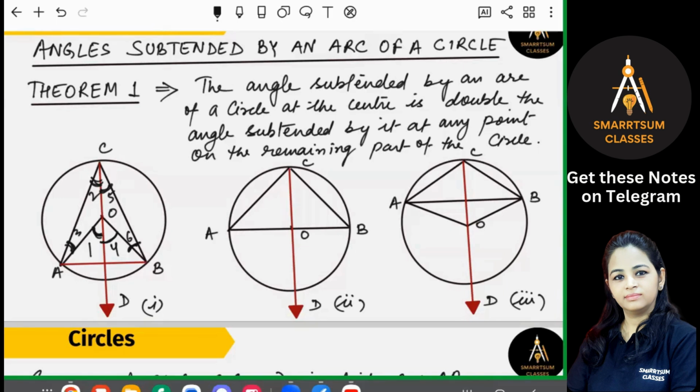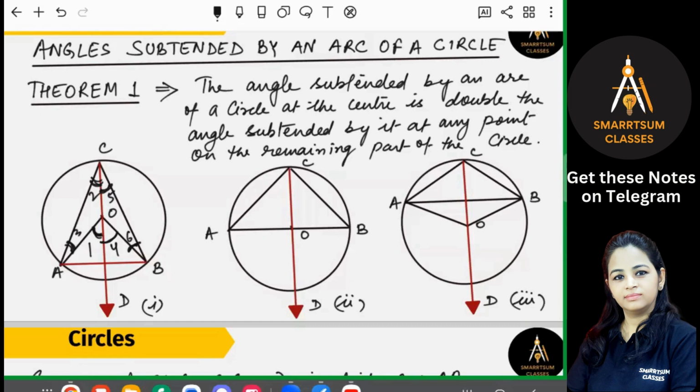But if you can see here, angle OAC is equal to angle OCA. Why will they be equal? Can you tell me why they will be equal?